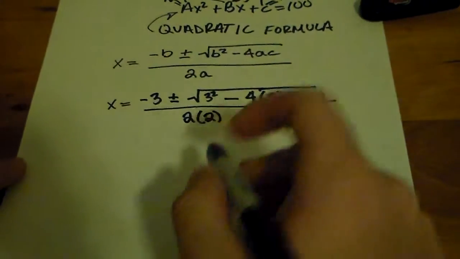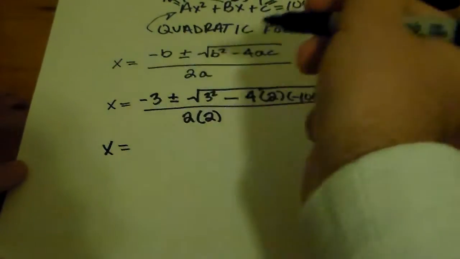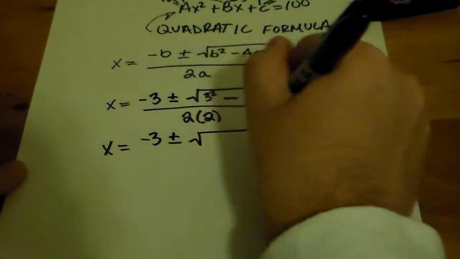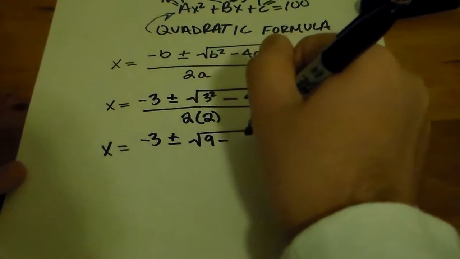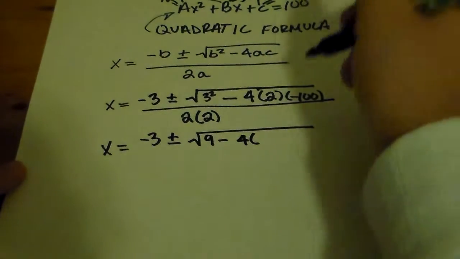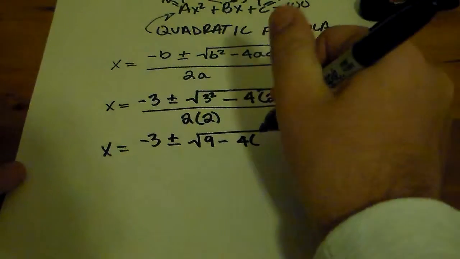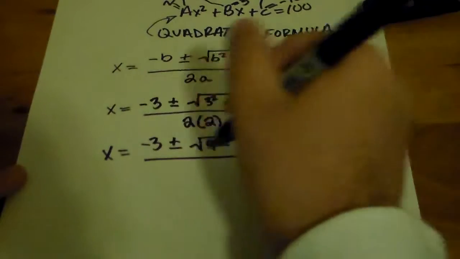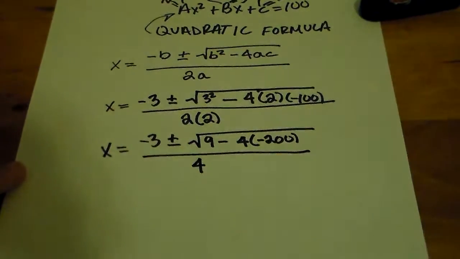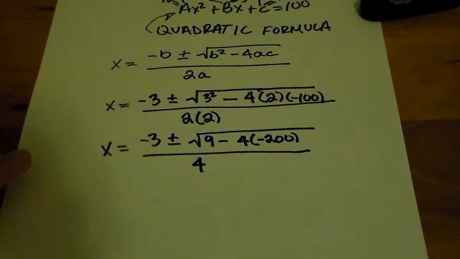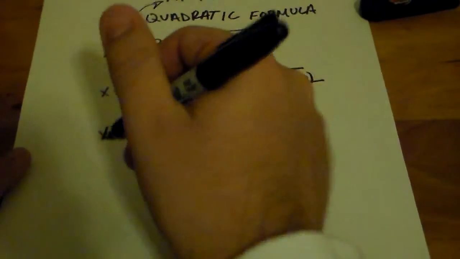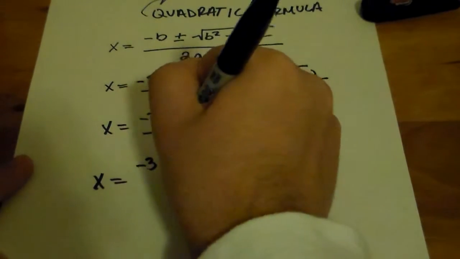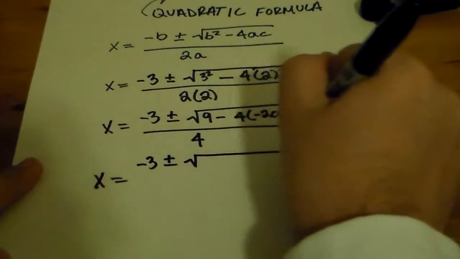Now, we write x equals negative 3 plus or minus the square root of 9 minus 4 times negative 100 times 2, which is negative 200, all over 4. Now we just need to simplify this. So x equals again negative 3 plus or minus the square root.